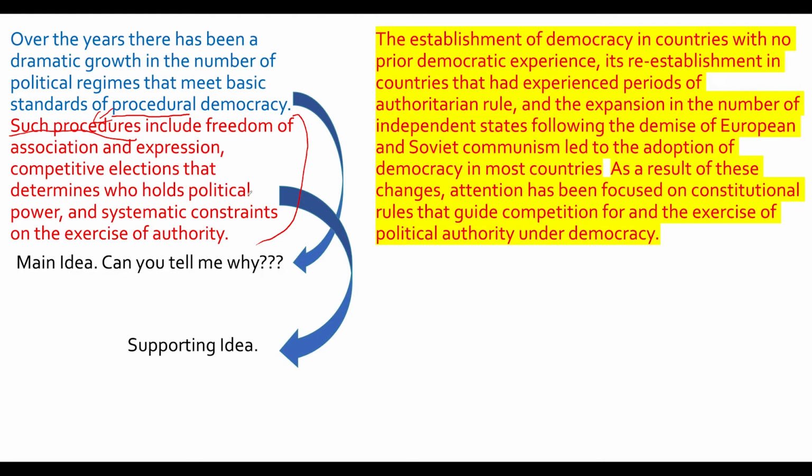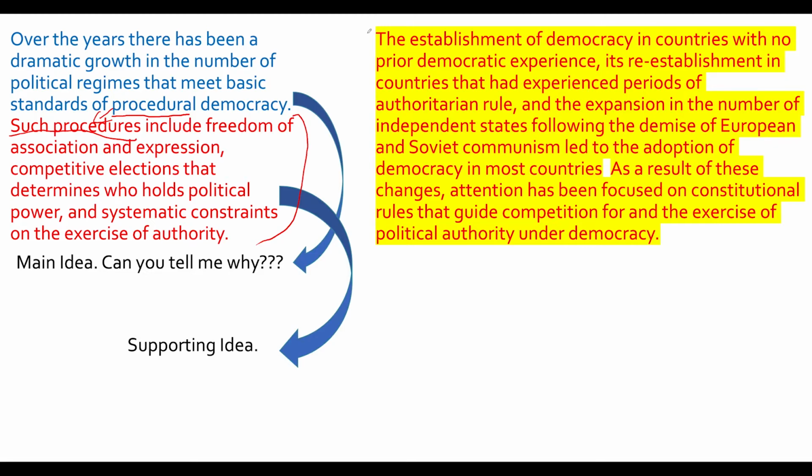In the next paragraph, the first sentence says the establishment of democracy in countries with no prior democratic experience, its re-establishment in countries that had experienced previous periods of authoritarian rule, and the expansion of the number of independent states following the demise of European and Soviet communism led to the adoption of democracy in most countries. So far, with all the paragraphs, we found that the first sentence is the main idea.